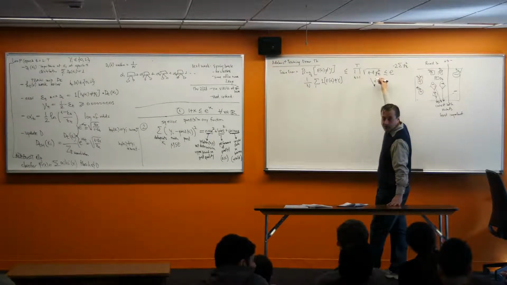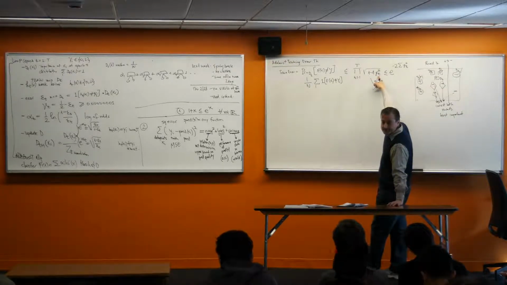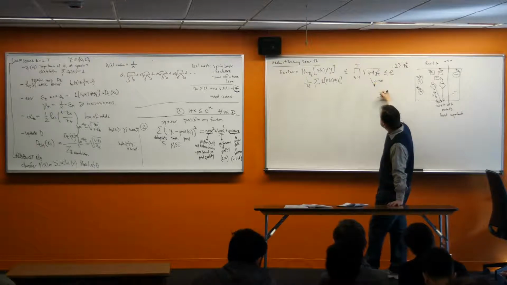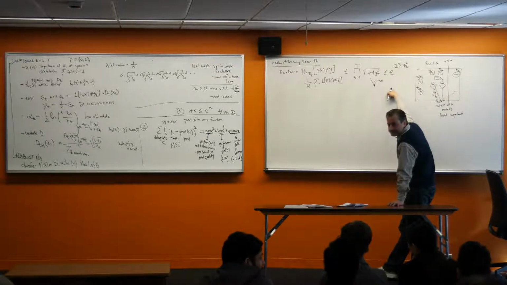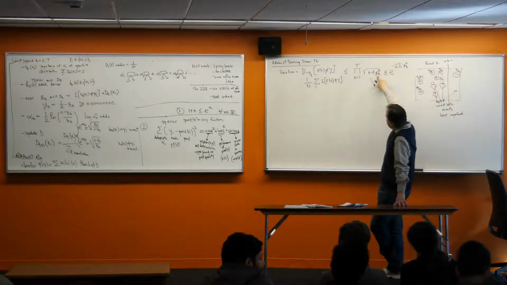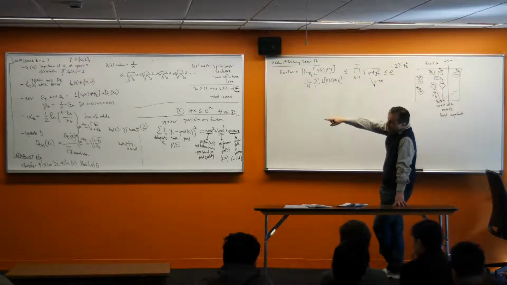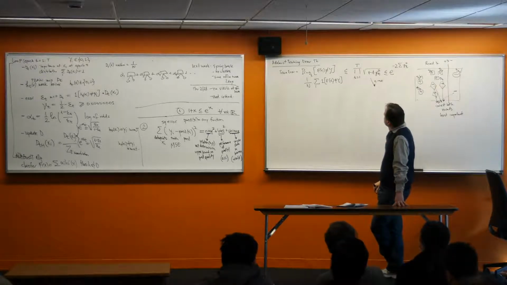If I train enough rounds, t is the number of rounds, right? So as I keep going, where is this quantity going to end up? If these gamma t's are zero, if this is zero, what is this product of?